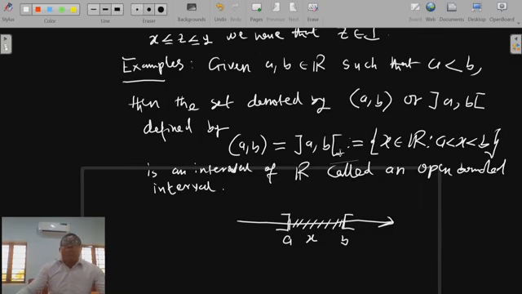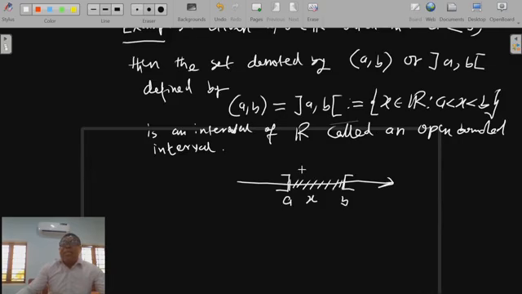So there are about 9 prominent intervals of the real line. One of them is the one I've just mentioned, the open bounded interval.